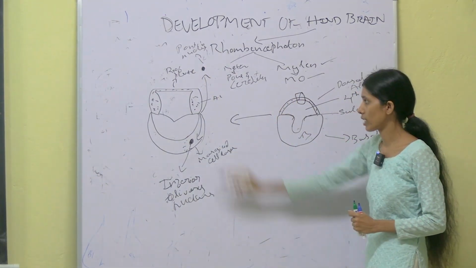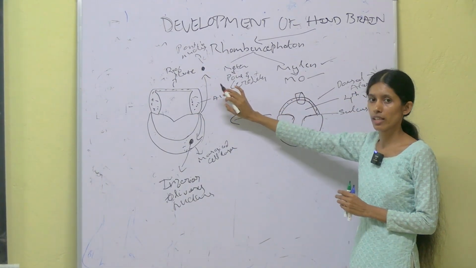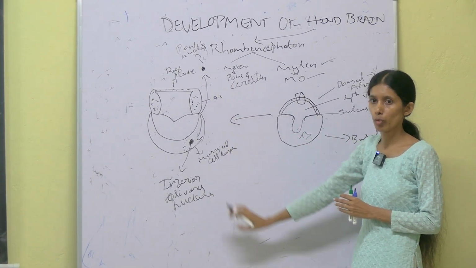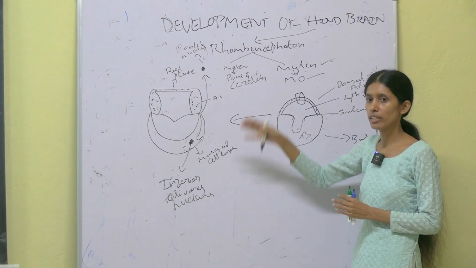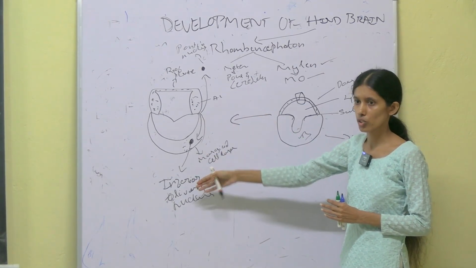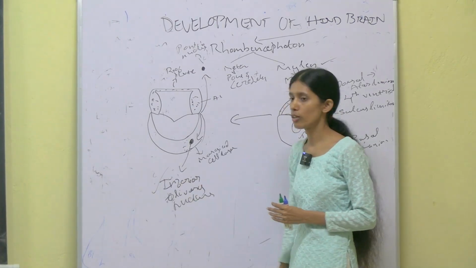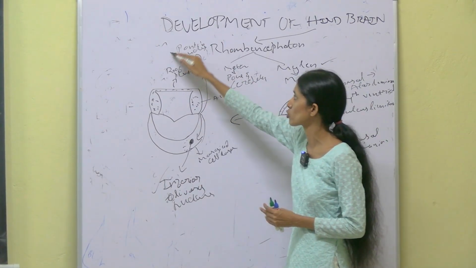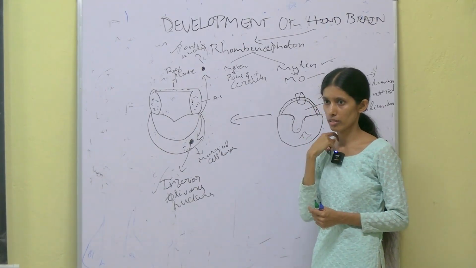Okay, the cells on the lateral side present in our alar lamina will move in both directions, upward and downward. The cells which move in the downward direction will give rise to the inferior olivary nucleus, and the cells which move in the upward direction give rise to your pontine nucleus.